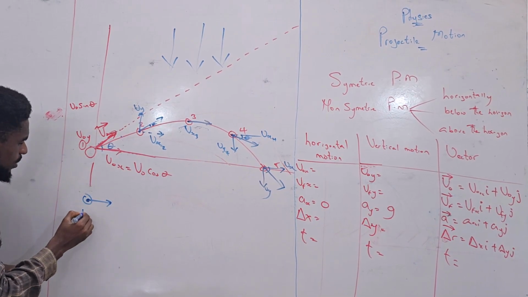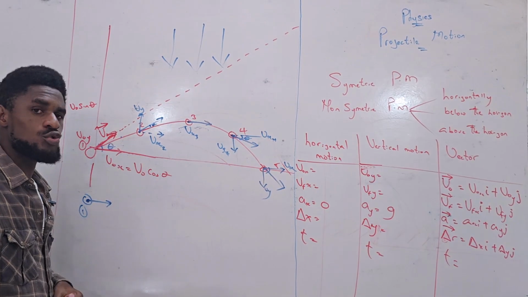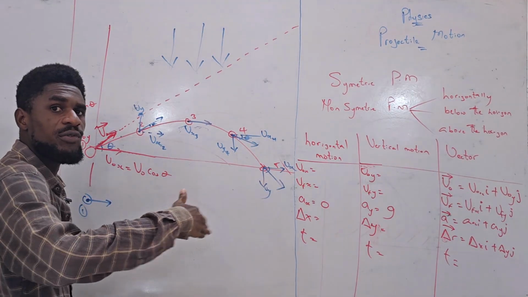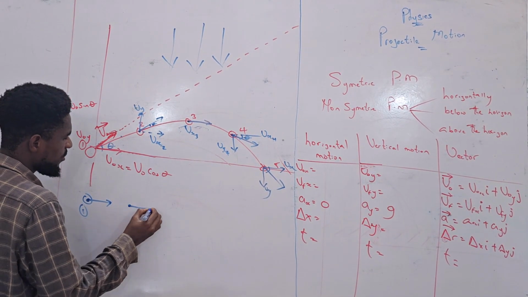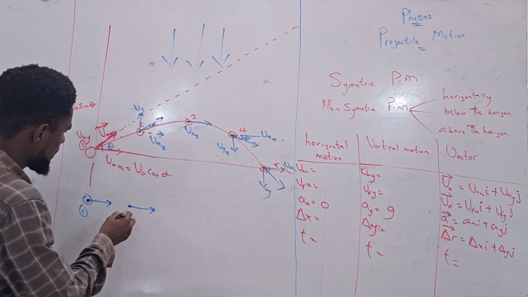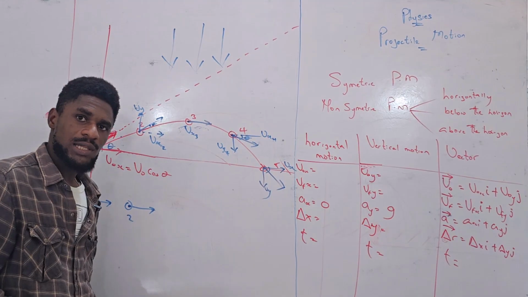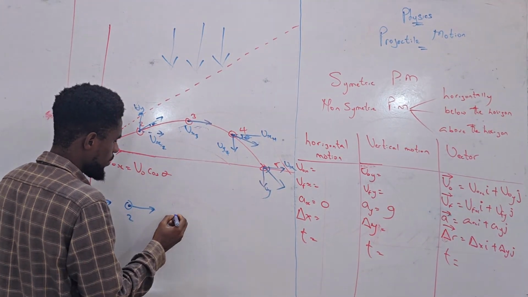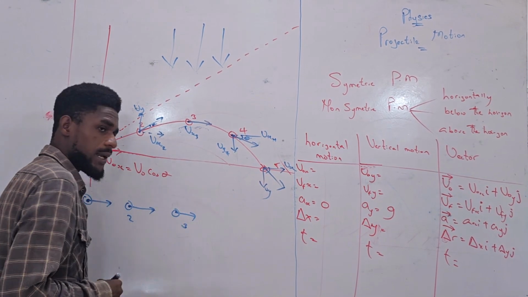So let me call this point 1. All right. At point 2, what direction is my Vx moving in? Still moving towards the right. So this is point 2. Point 3, what direction is it going? Still towards the right.